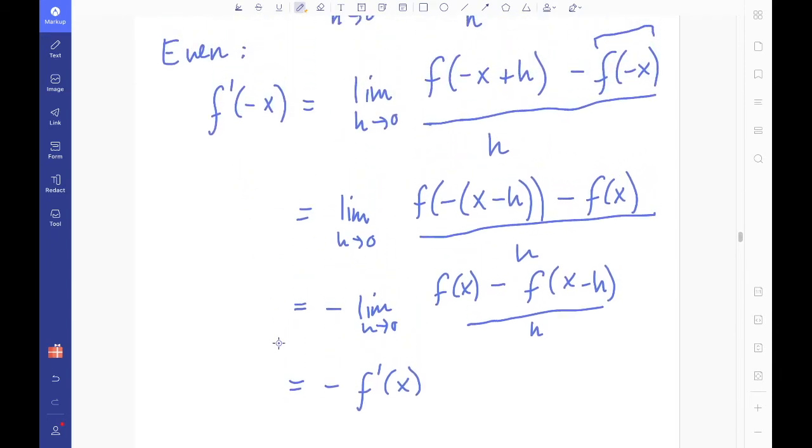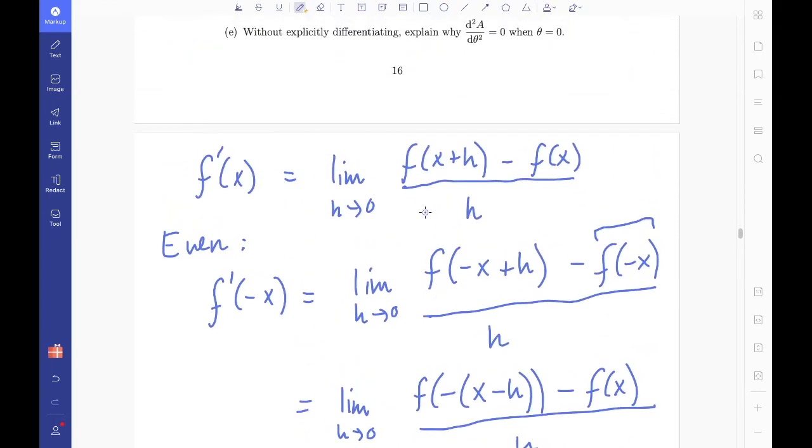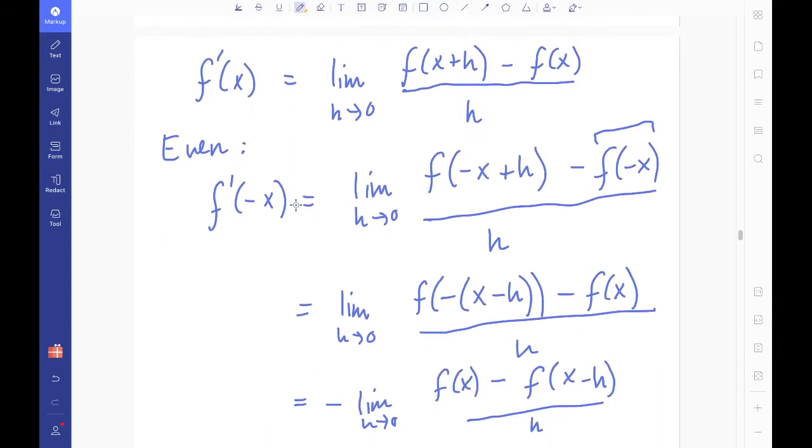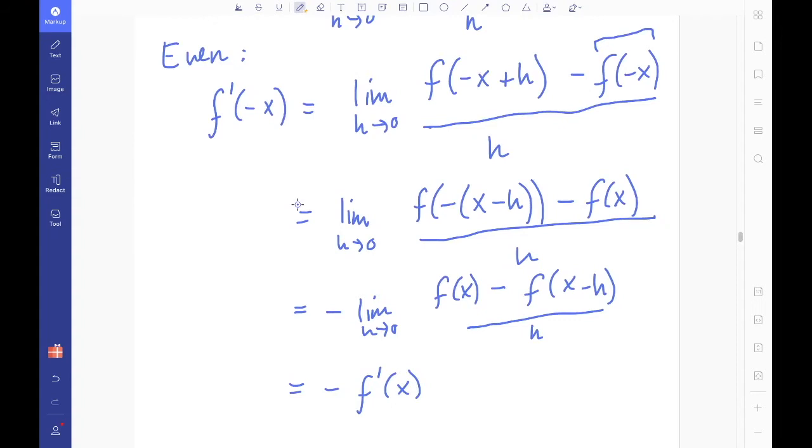So this would be a proof that this function is odd, but I haven't properly explained why f of x minus f of x minus h over h is the same as our original definition of our derivative. And the reason for that is that derivatives have to be the same if you approach them from the left or from the right.